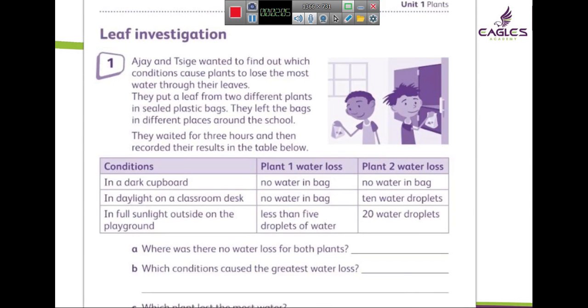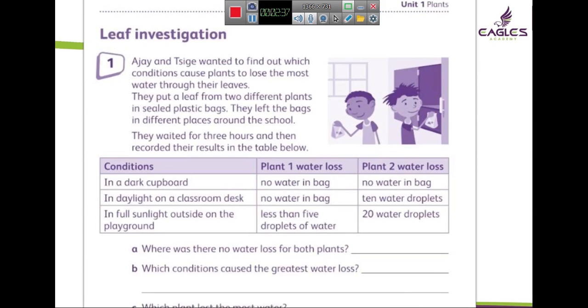Now, habibi, please open your workbook to page 9. You will find a picture like this one with a small paragraph here. Here we have this line, leaf investigation. Ajay and Tisage wanted to find out which conditions cause plants to lose the most water through their leaves.